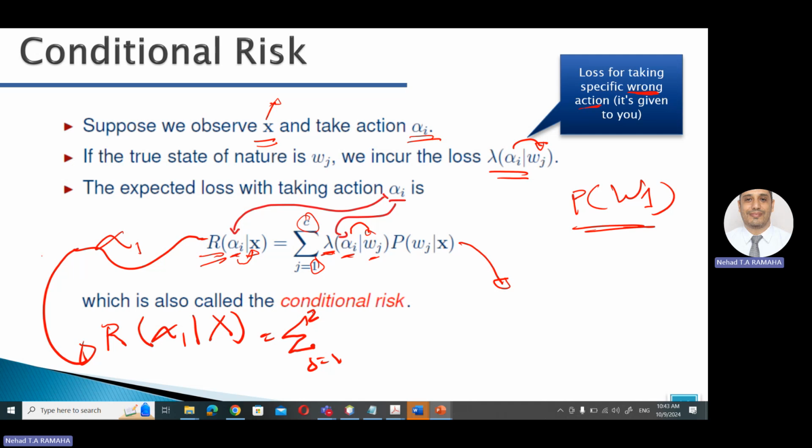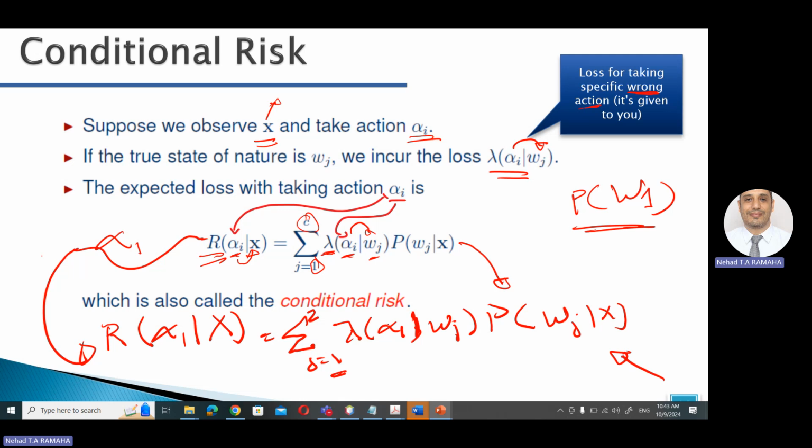If we have 5 classes, then it becomes 5. Lambda alpha 1 with W, not 1, WJ, because we take J from here. It could be 1, it could be 2. We take the summation, multiplied by W of WJ given X.